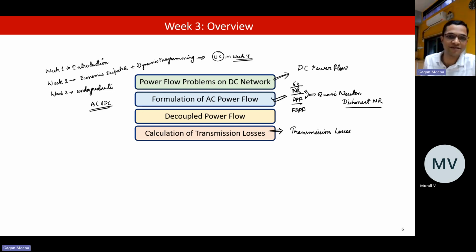Most of the things which we are studying use DC power flow equations as well as AC power flow equations. But the methods we have studied, like the lambda iteration method for economic dispatch, the same lambda iteration method with and without losses, we have seen for economic dispatch.